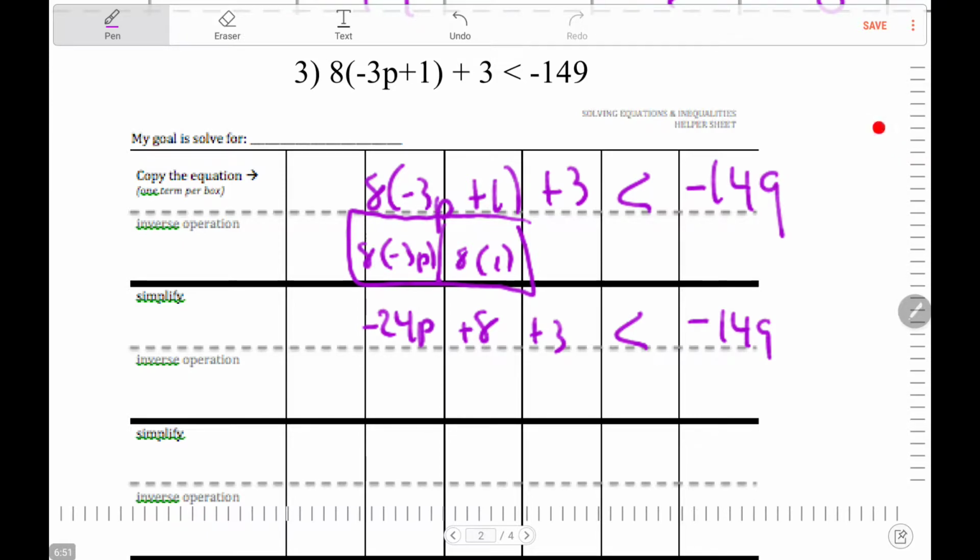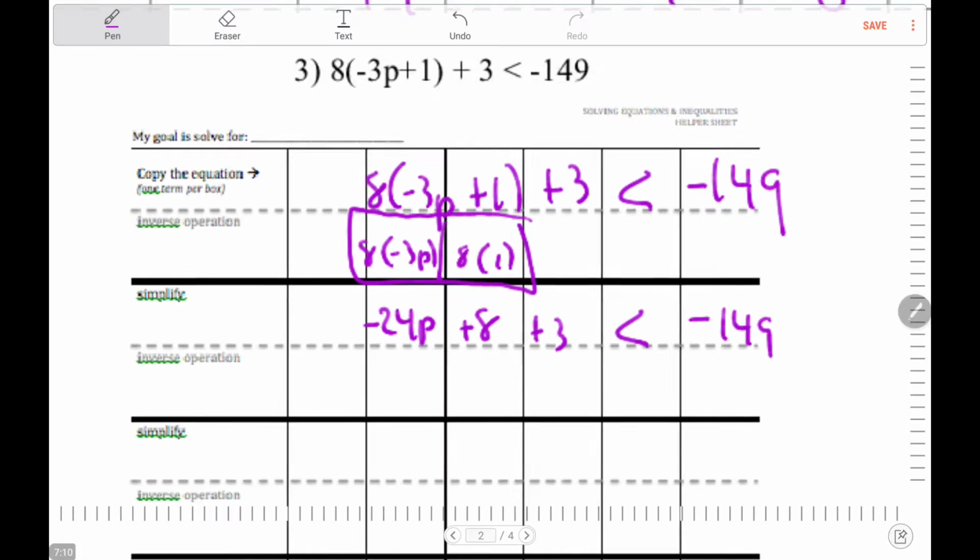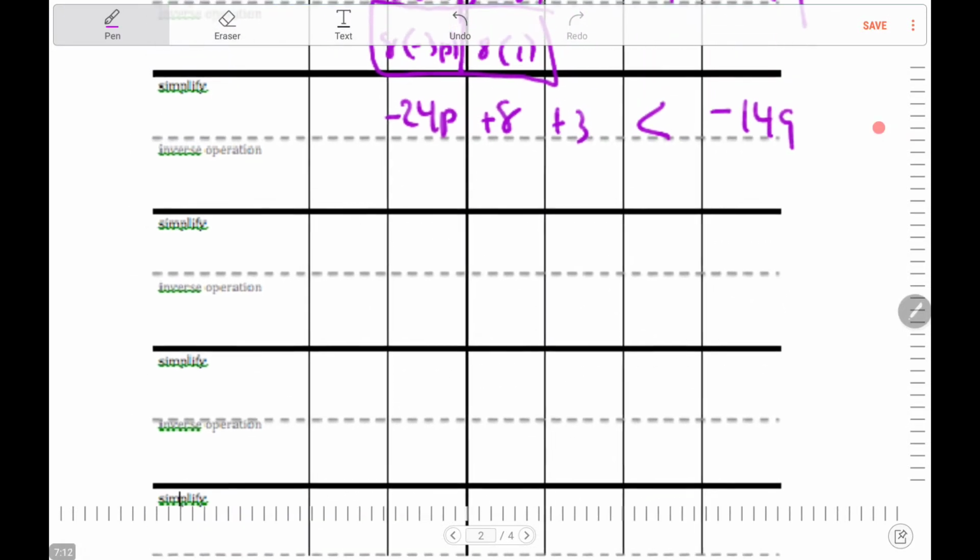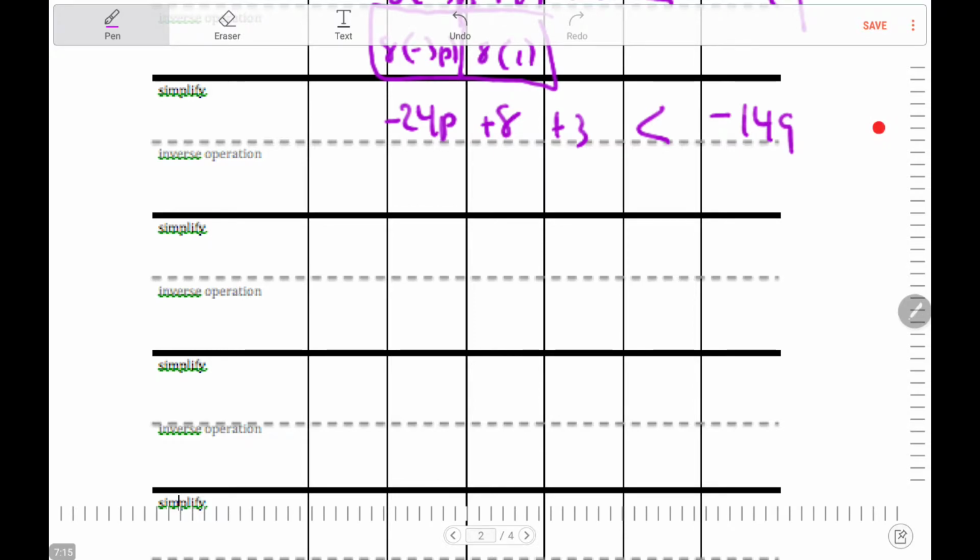Okay. Now, we can even combine these together. So I'm actually going to combine these like terms here. So 8 and 3 are like terms.